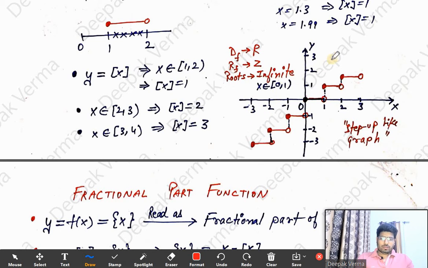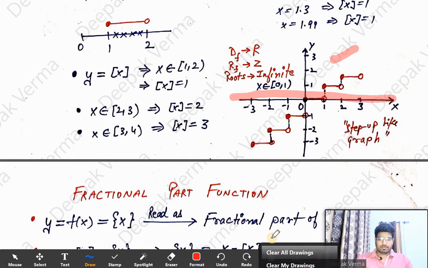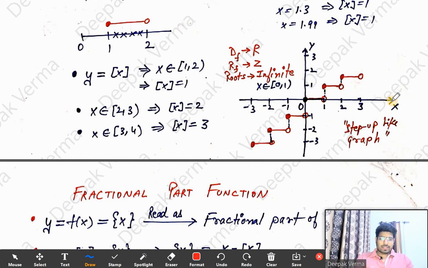Got it? So look at the graph, observe and tell the domain. How much portion on the x-axis has the graph covered? You can see the complete x-axis, the whole x-axis has been covered by the graph. This portion. Now here 1 is not included, but 1 is included here.